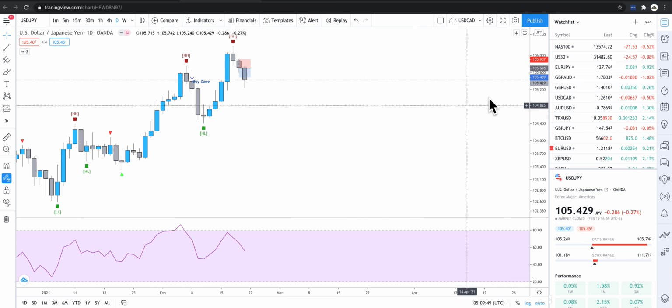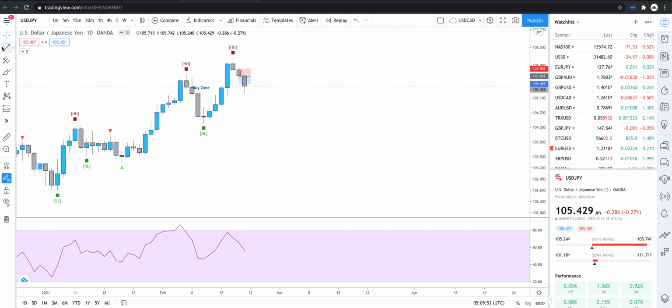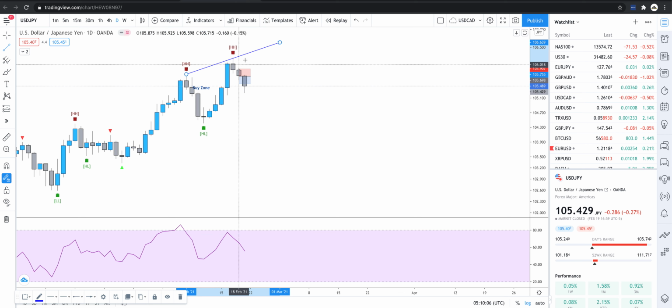I'm still using the same strategy that I use, but I just use the divergence for more confirmation. When you've got these higher highs, I connect these two higher high points, and that's showing me an uptrend.